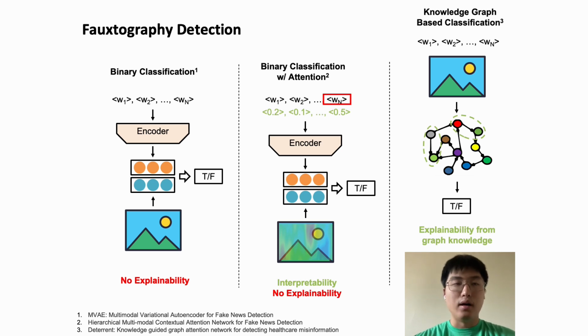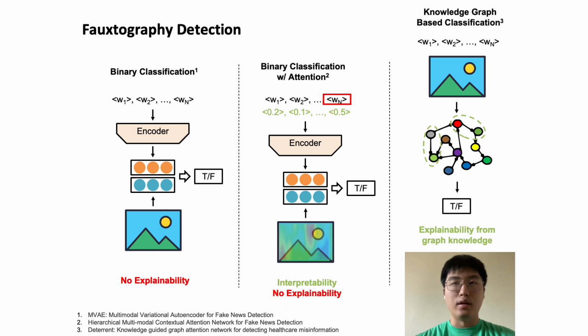But for common people, they have zero professional knowledge, and they still don't understand why this post is true or not. The final one is knowledge graph-based classification. In this one, there is an existing or constructed knowledge graph that contains the semantic entities and their relations in this domain.